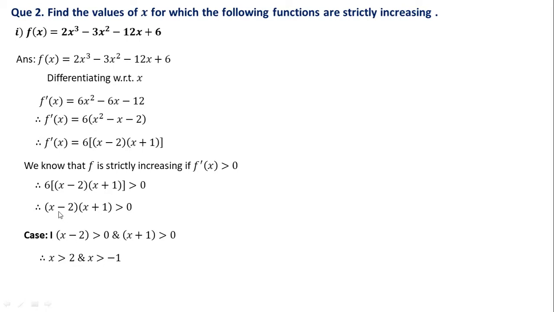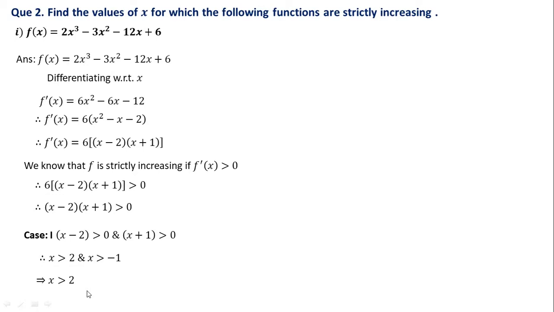Now think about the real line. We have to find all values where x is greater than 2 as well as x is greater than minus 1. That implies we get all values where x is greater than 2, because all the numbers which are greater than 2 are always greater than minus 1 also. So the common condition between these two will be x greater than 2.